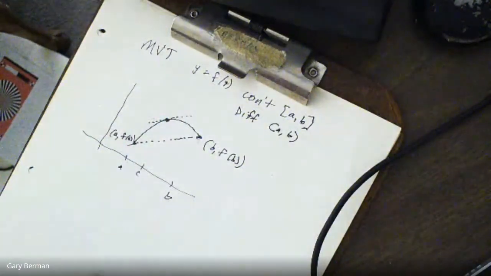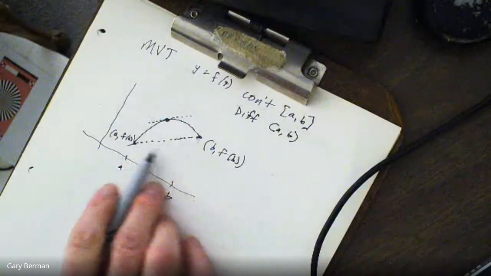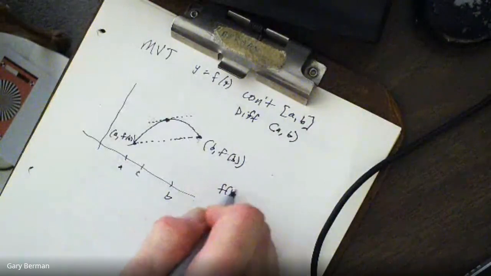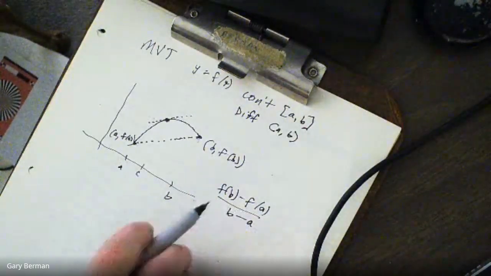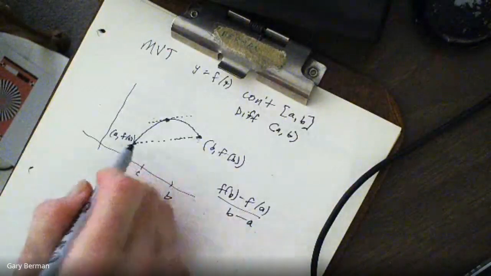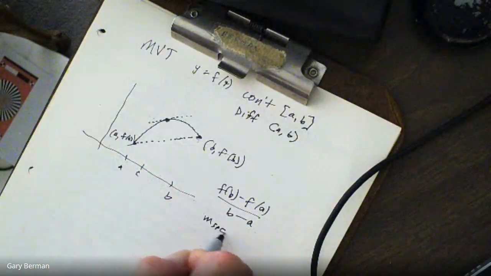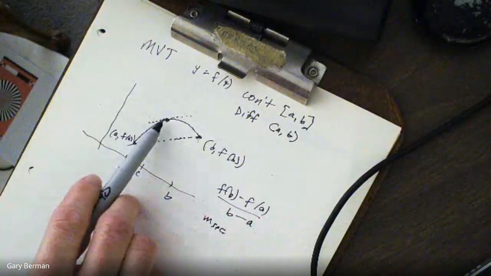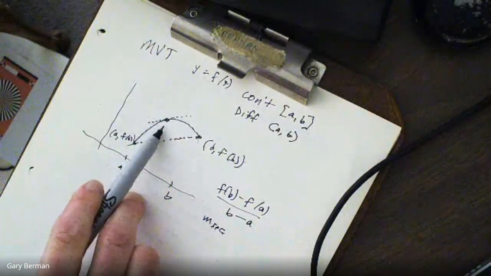Okay. Well, what is the slope of this straight line? Well, it's the change in y over the change in x, isn't it? In other words, it's f of b minus f of a over b minus a. That's the slope of the secant line, not of the tangent line. Right? And at the point c, what is the slope of the tangent line?